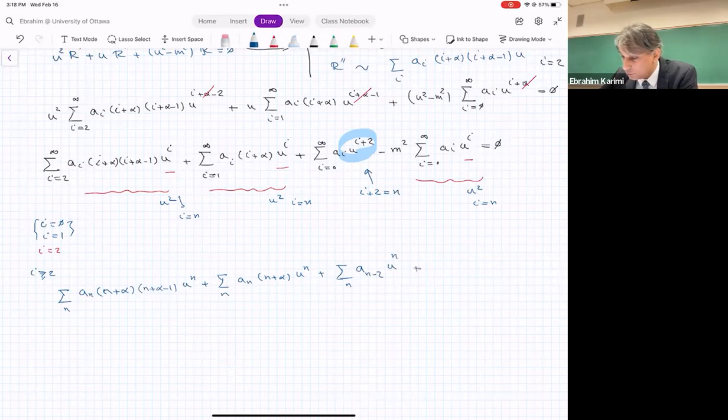And the last term will be minus m squared, summation of a_n u^n, equal to 0.